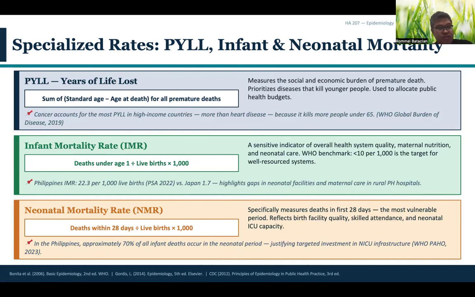In higher income countries, cancer accounts for more potential years of life lost than heart disease, even though heart disease, in terms of raw numbers, causes more total deaths. Why? Because cancer kills more people under the age of 65. It cuts off the other productive life years.